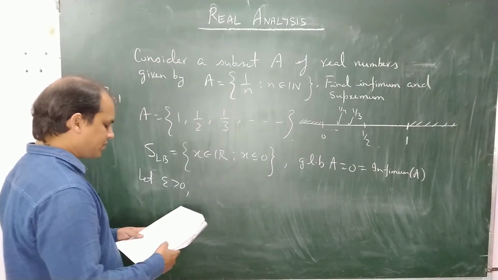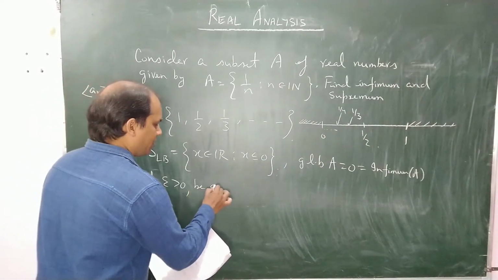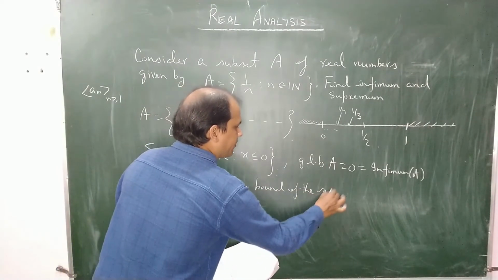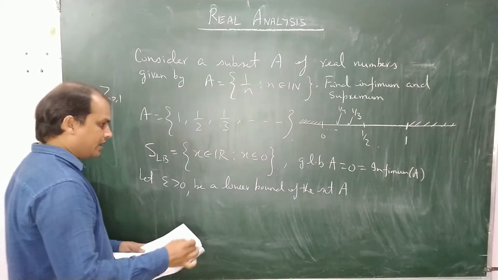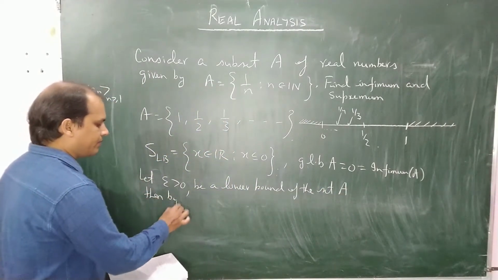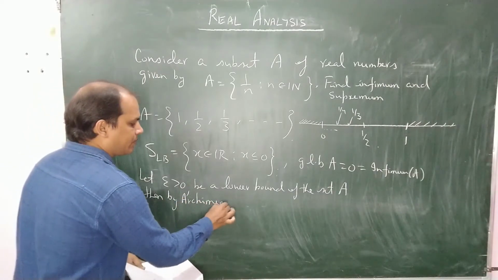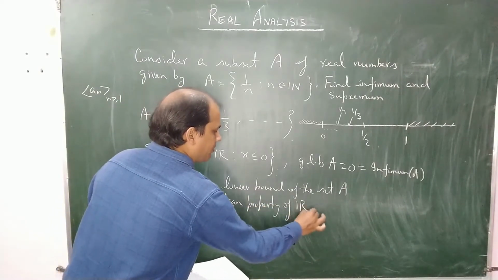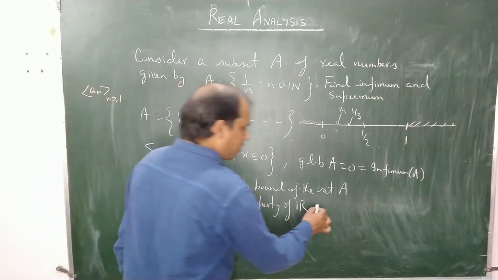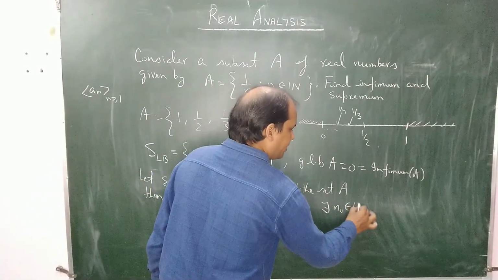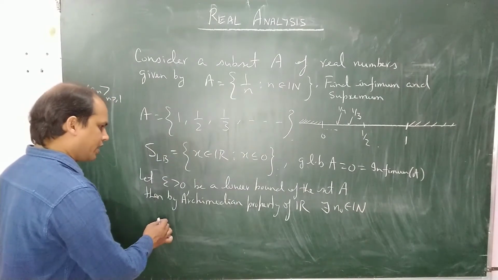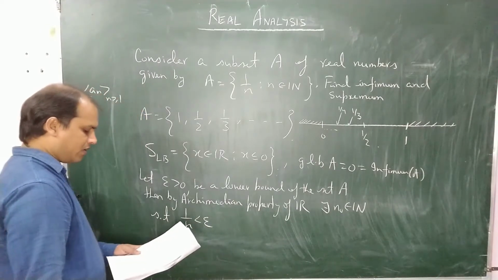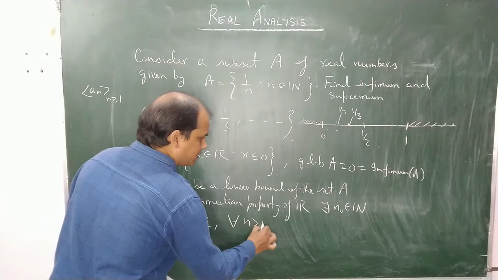So suppose epsilon greater than 0 is a lower bound of the set A. Then by the Archimedean property of real numbers, there always exists some n naught belonging to the set of natural numbers such that 1 by n is less than epsilon, for every n greater than or equal to this fixed n naught.